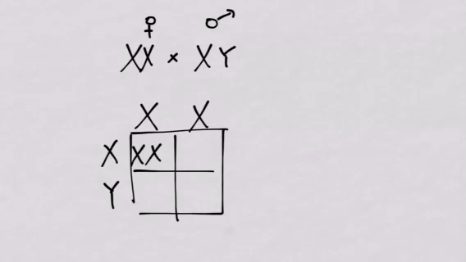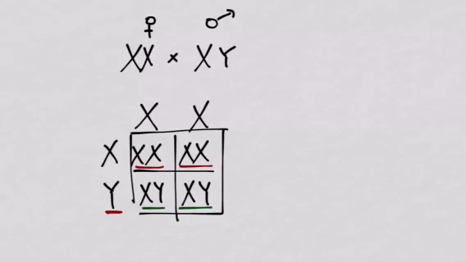You'll notice here, in my Punnett square, I have 2 XX's and 2 XY's. So there's a 50% chance of being born a girl and a 50% chance of being born a boy. All males get their father's Y chromosome.